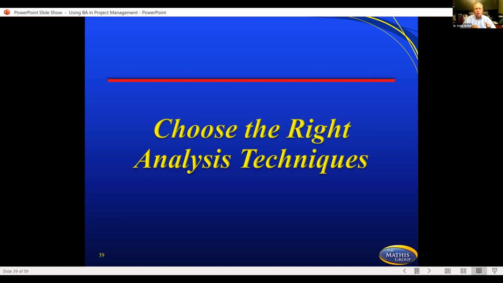But everyone would walk away with a template for each of those analysis. That's been my thought for the last couple of years, and there's been other things I've had to write. But an analysis class that would allow us to walk away with a template on how to do a root cause analysis, how to do whatever type of analysis we think we need to do, a Pareto analysis. But the point is that since you don't have that, we've got to go back and find many of those tools. So choose the right analysis.